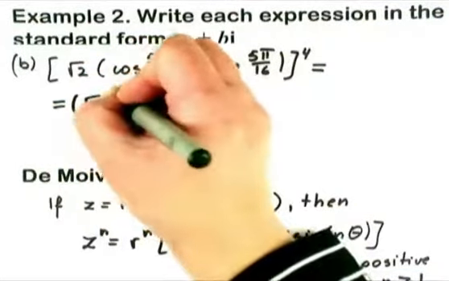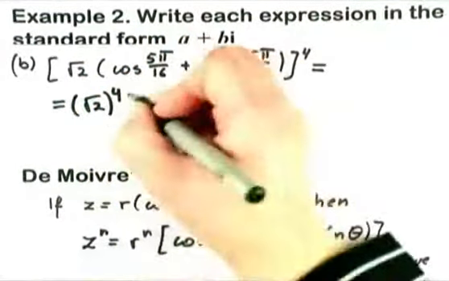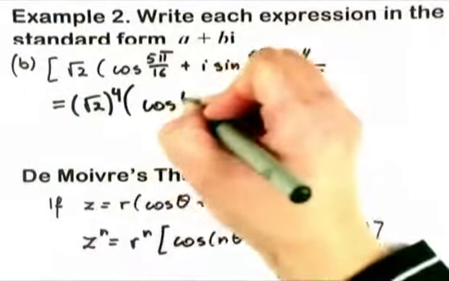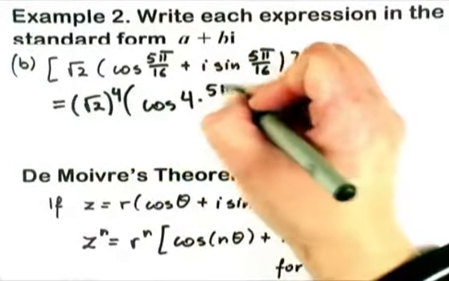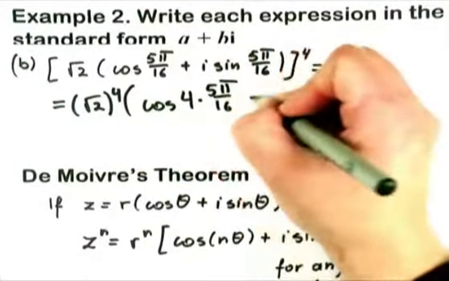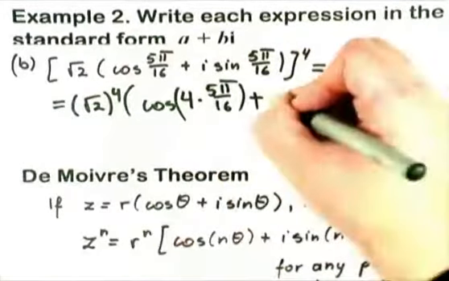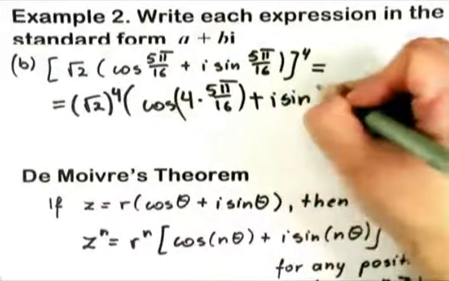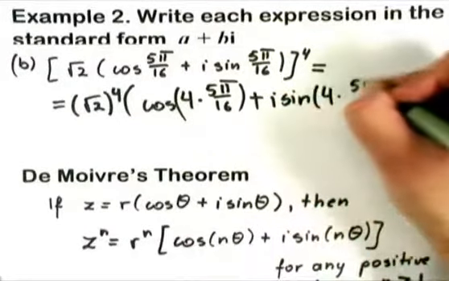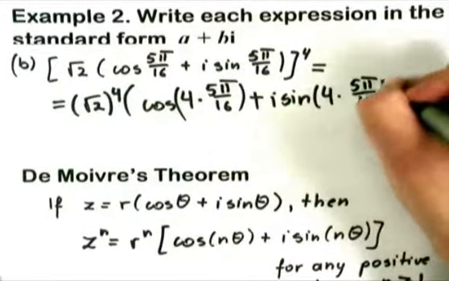√2 to the power 4 times cos 4 times my angle pi/16 plus I sine 4 times 5 pi/16.